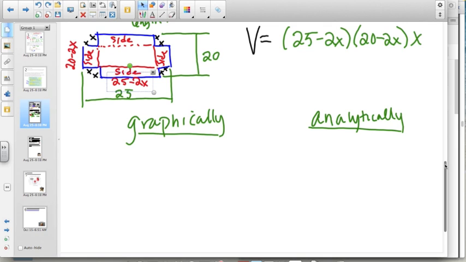Now, if we look at this, we've got these three things multiplied together. What degree polynomial is this? What's the biggest power? A third degree polynomial, right? So we should have something that looks like up, down, up, down.